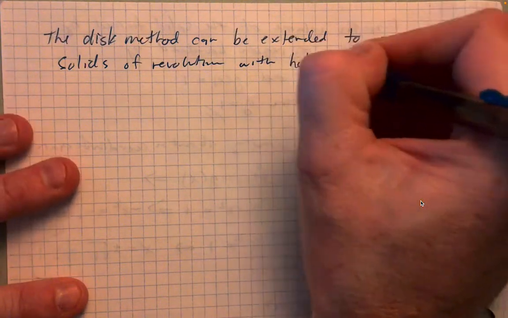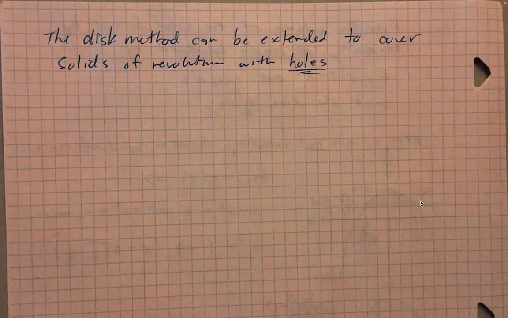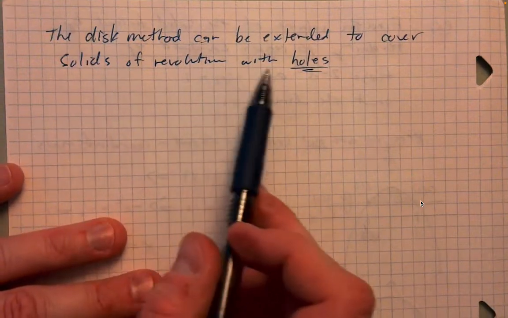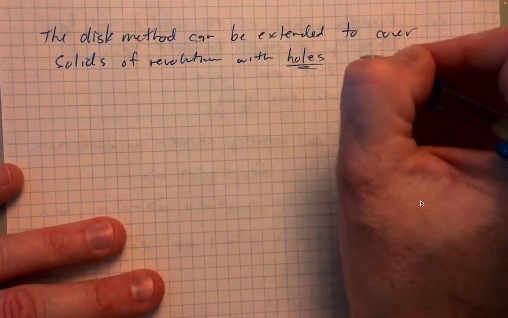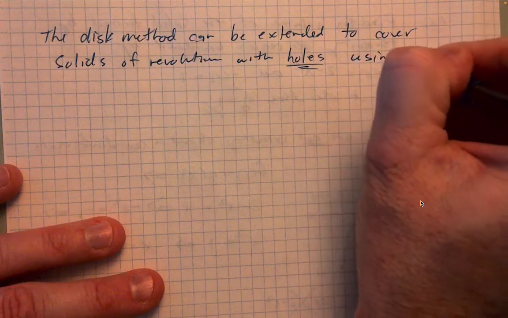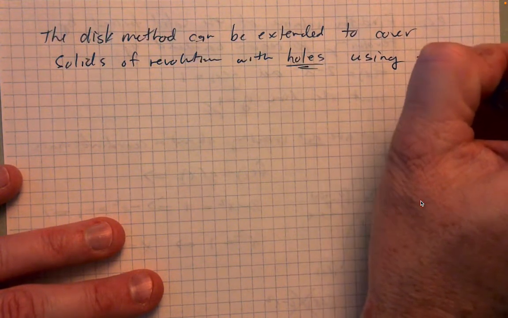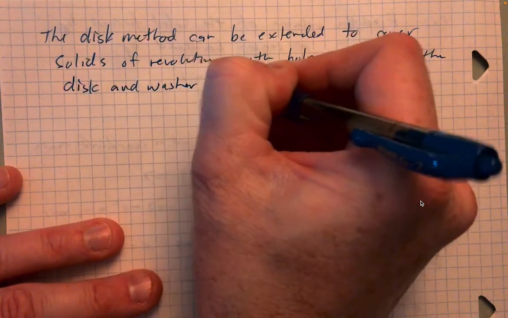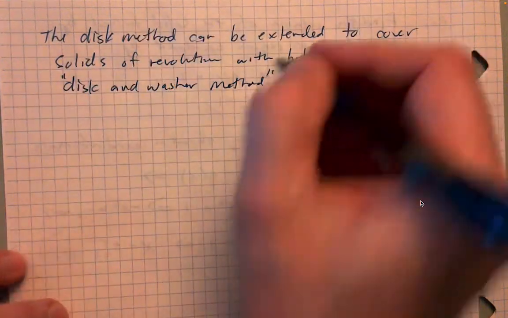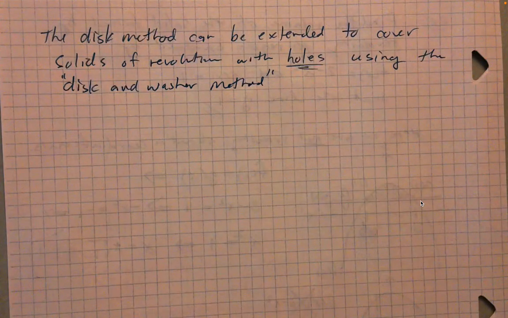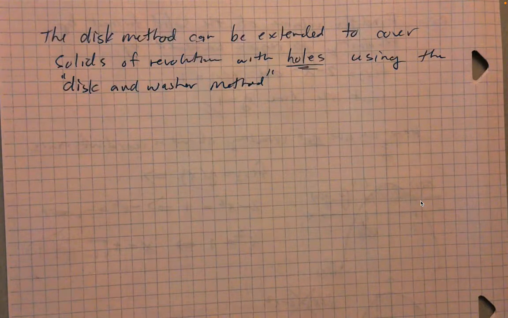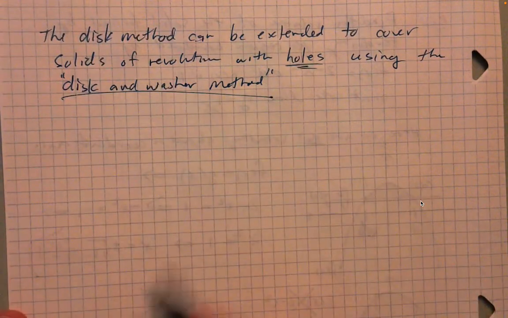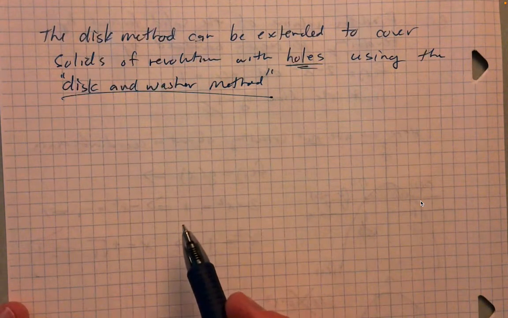Okay, so holes. What do we mean by holes? Well, I'll draw a picture in a second. So the disk method can be extended to cover solids of revolution with holes, and sometimes people call this the disk and washer method. Okay, so it's really just the disk method, but with the radius being a particular kind of thing. So here's the setup for the disk and washer method. It's really just a generalization of the disk method.